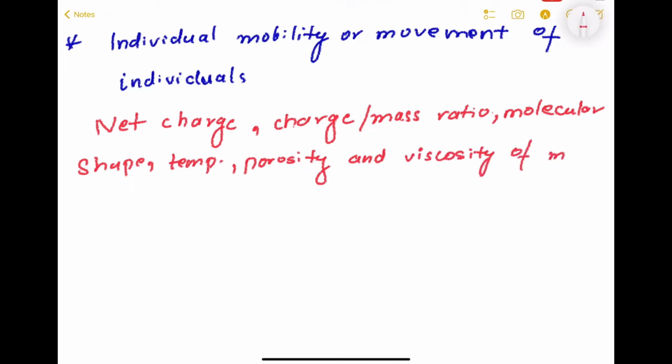So these are the factors which are responsible when we are providing electricity and the separation of molecules is taking place.